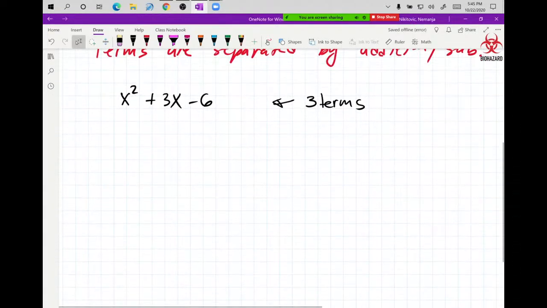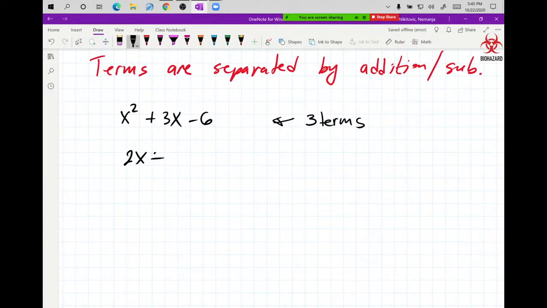You can have 2x plus 9. That would obviously be 2 terms because you have only one addition, and that addition separates the term 2x from the 9, which is also a term, because remember, a term can be a combination of numbers and variables, but could also be just a number or just a variable.